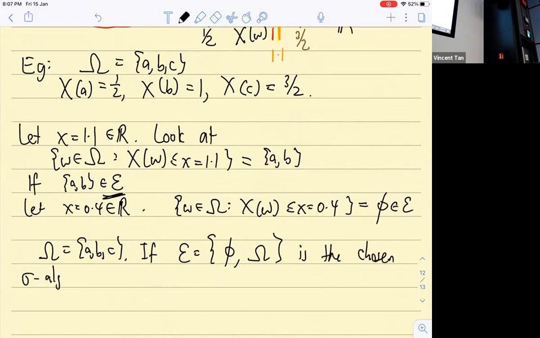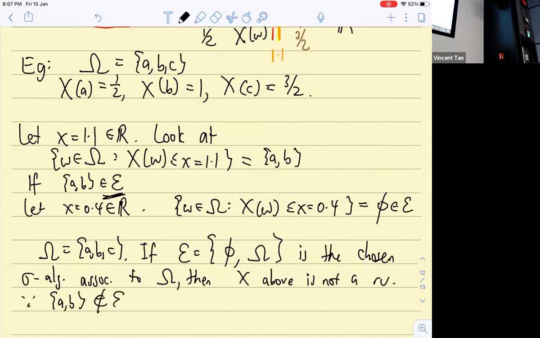If E is the chosen sigma algebra associated to omega, then X, as defined in the previous example, is not a random variable. Why? Because AB does not belong to E. Does AB belong to here?